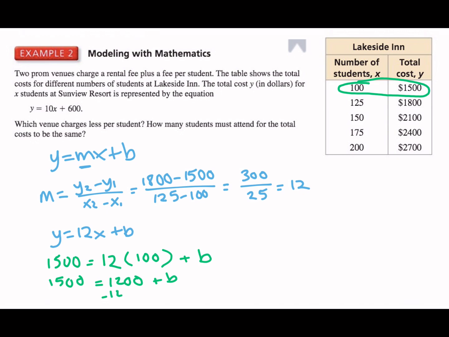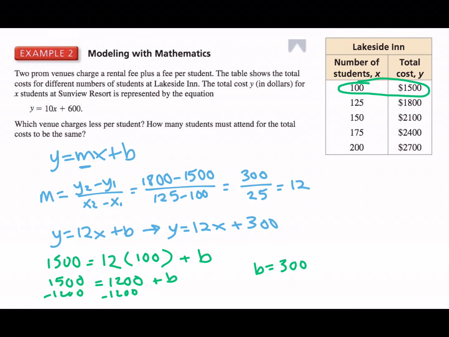If I subtract 1200 from both sides, I get b equals 300. So for the equation of my line, I can now finish writing it. I have y equals 12x plus 300.